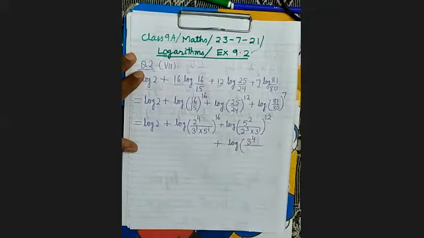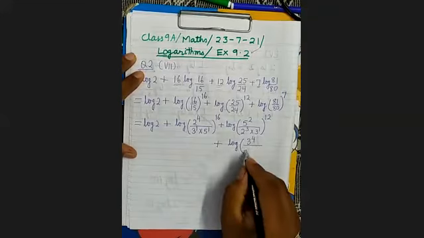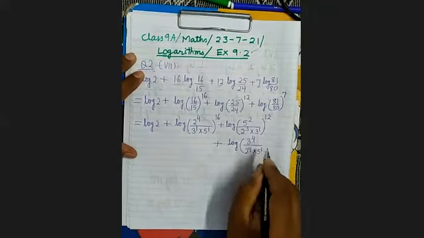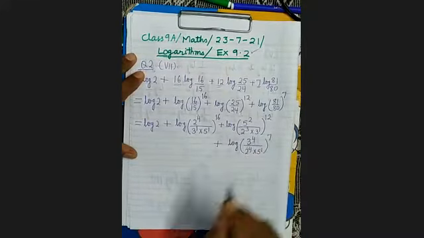Now 80 is 16 times 5, and 16 can be written as 2 to the power 4, and 5 as 5 to the power 1, whole to the power 7.